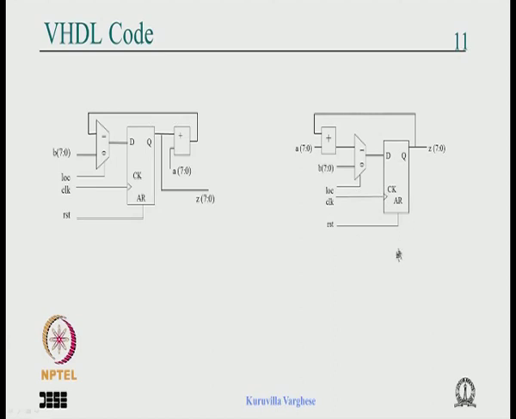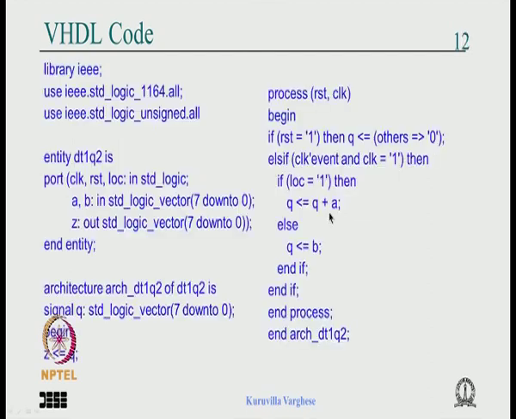Then you can write a process with clock and reset. If reset is 1 then Q is 0, otherwise upon the clock, if LOC is 1 then Q gets Q plus A, else Q gets B.